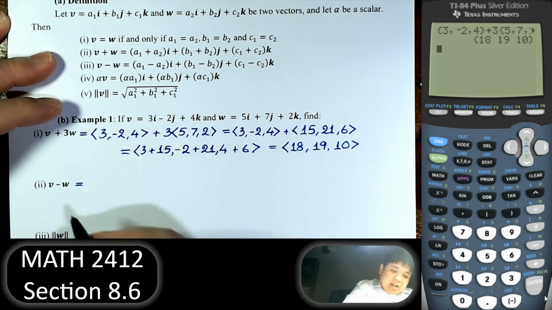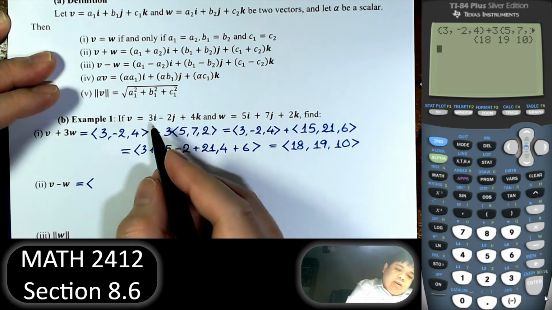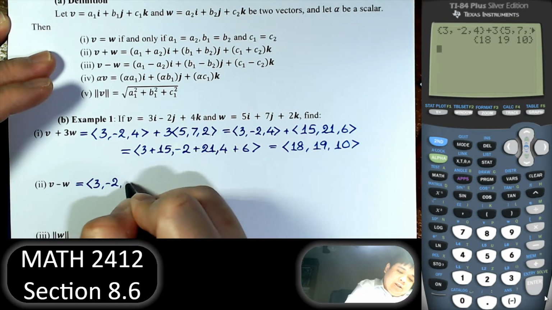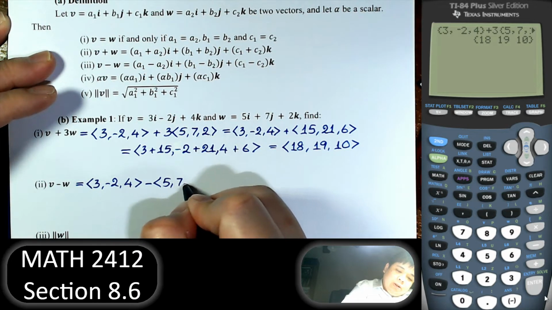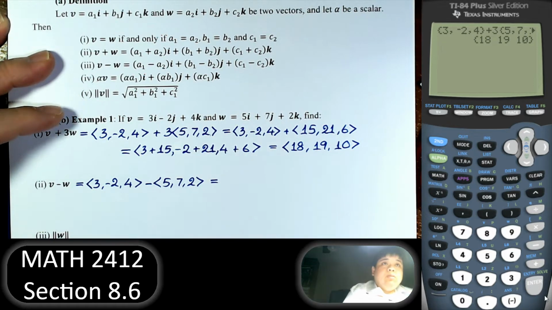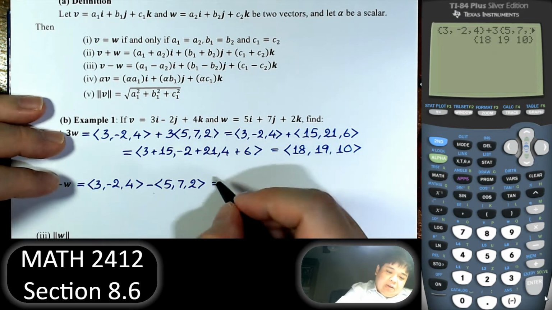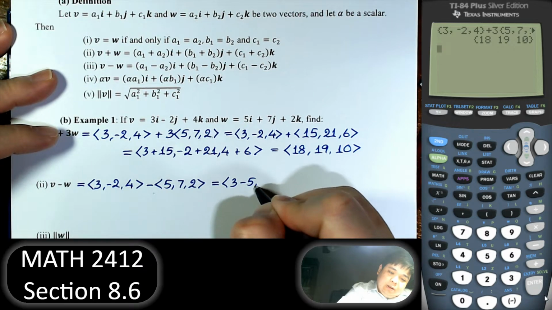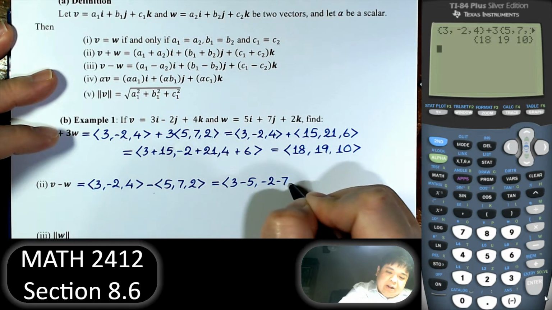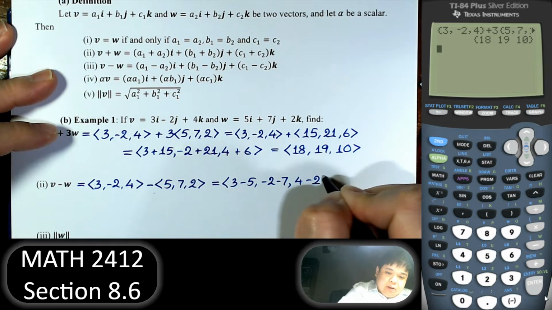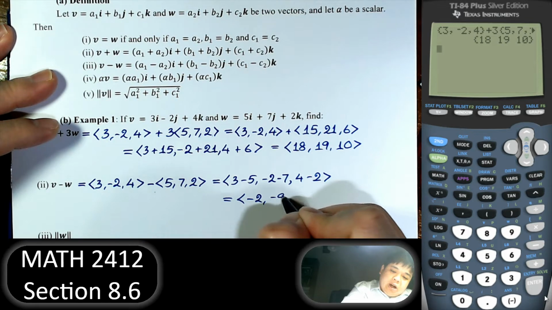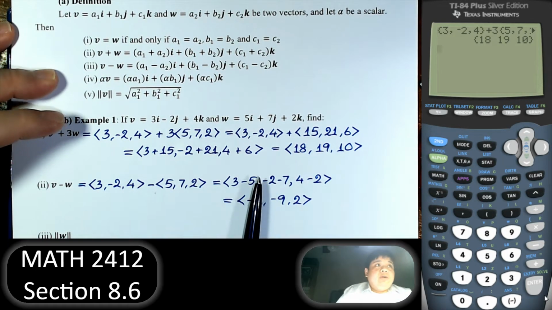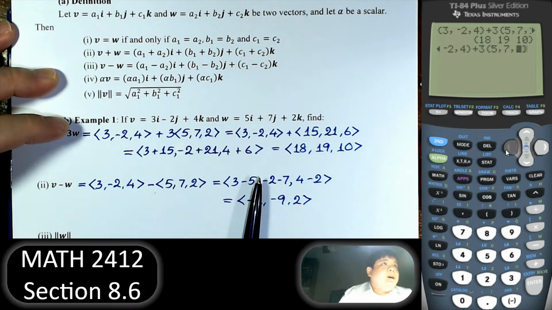And when we subtract the vector v, subtract w, so 3 minus 5, negative 2 minus 7, 4 minus 2. So we will have negative 2, negative 9, and 2. Of course, if we want to subtract them, I highlight that, instead of plus 3 times, I just subtract them.